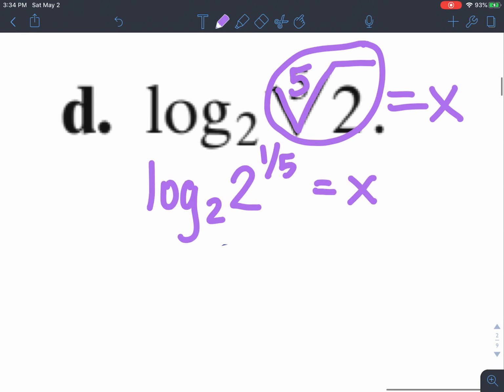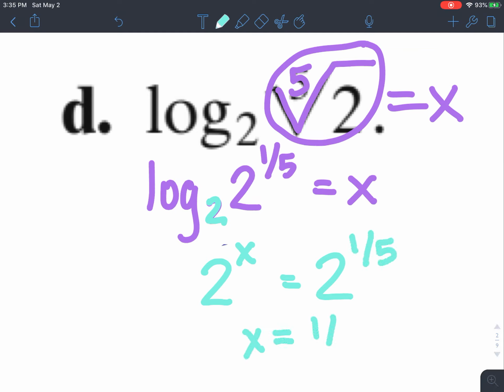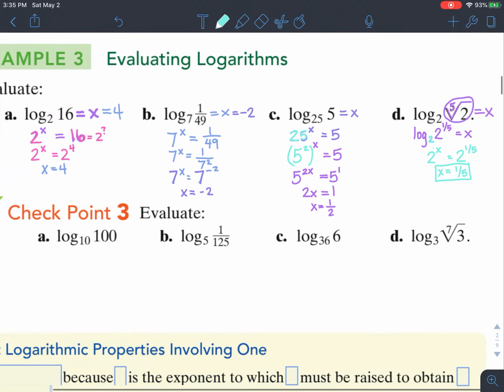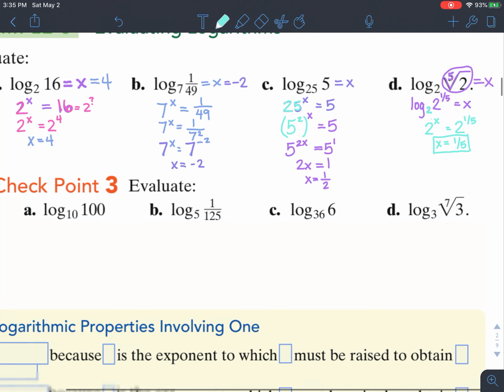Then if I change it to an exponential, I'll get 2 to the x equals 2 to the 1/5. So x equals 1/5. Okay, so I want you to take a few minutes and try these four and then check back in when you're done. So pause the video.